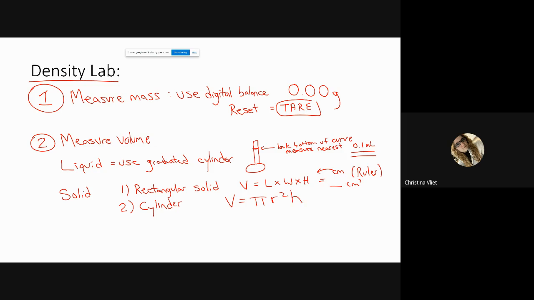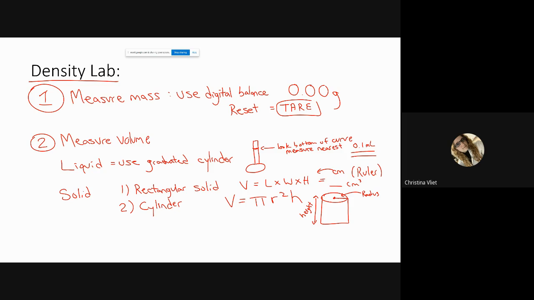What is this? If I have a cylinder, which I'm a terrible artist, I apologize, I'm doing my best. The radius is the halfway point distance of the circle at the top. That's called the radius. And the height is from bottom to top.